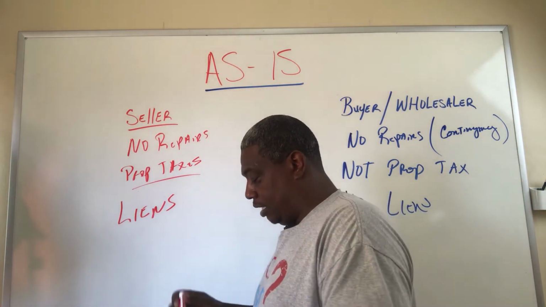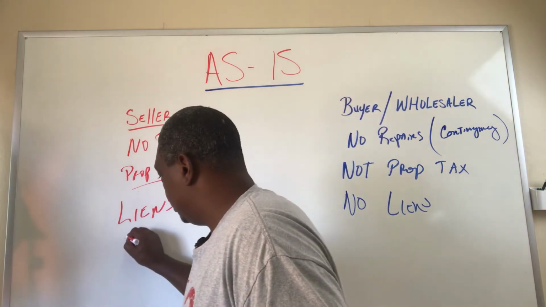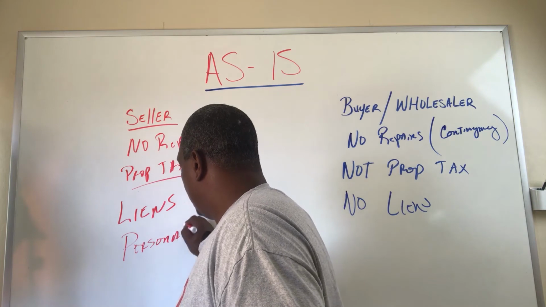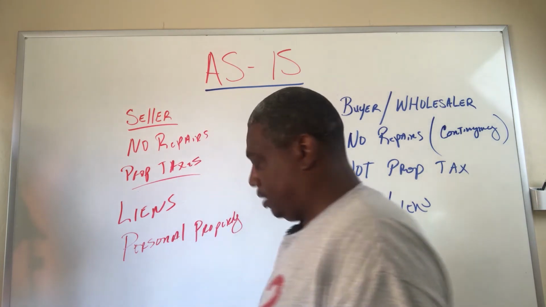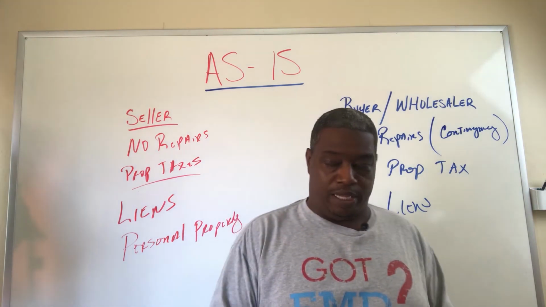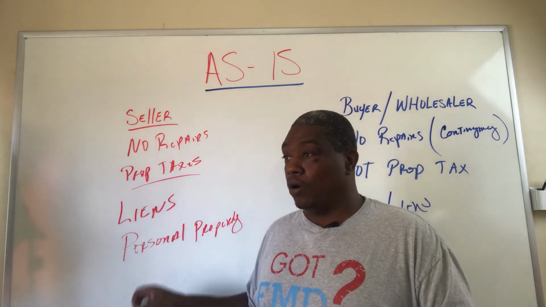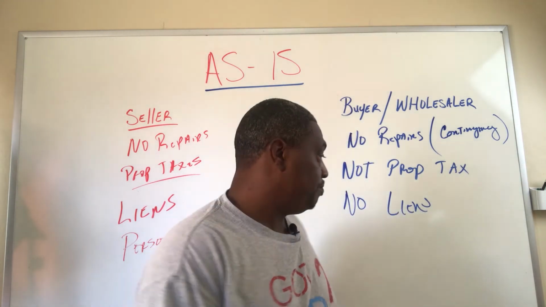The next thing is buying as is, where is, say, personal property. This comes into play quite a bit when you're working with absentee owners or even seniors or elderly individuals.